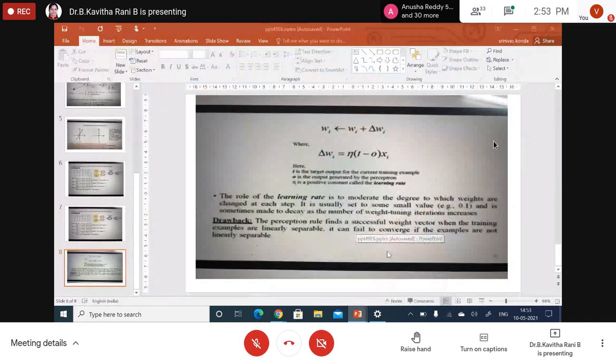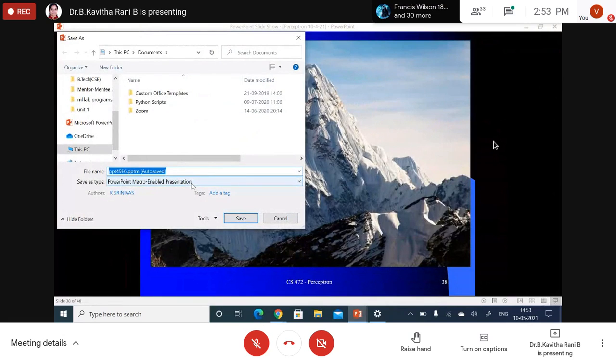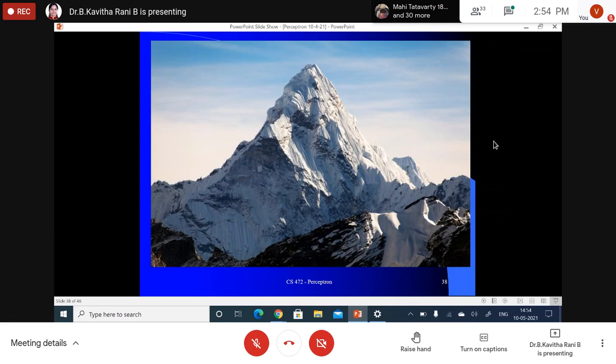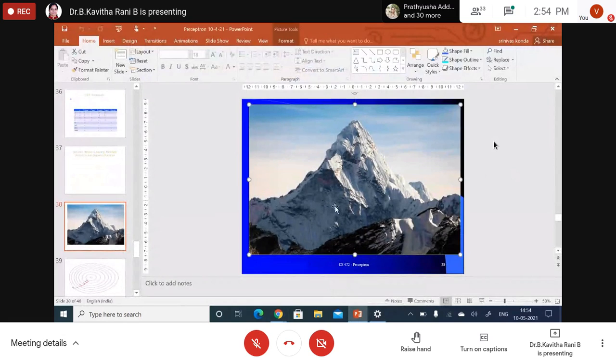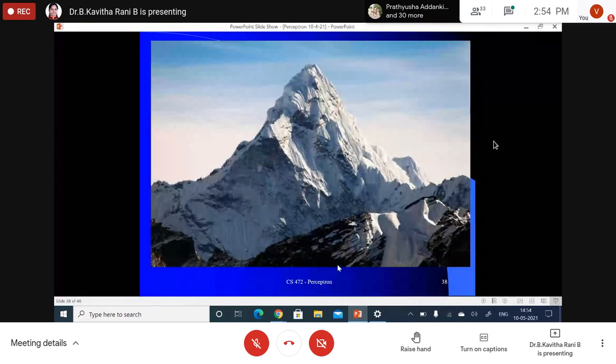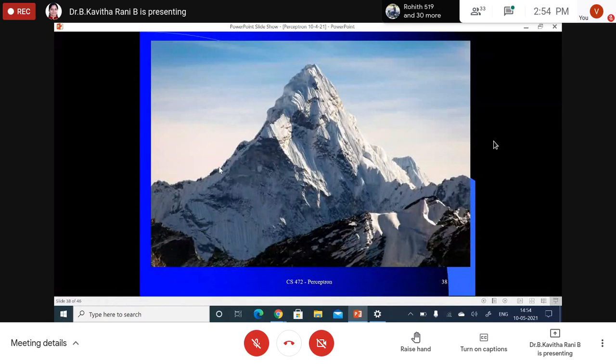If you see here, there is one mountain. I just want to tell you about the gradient descent and delta rule.